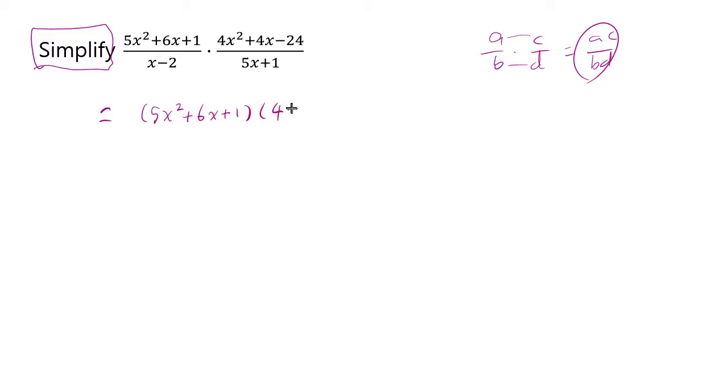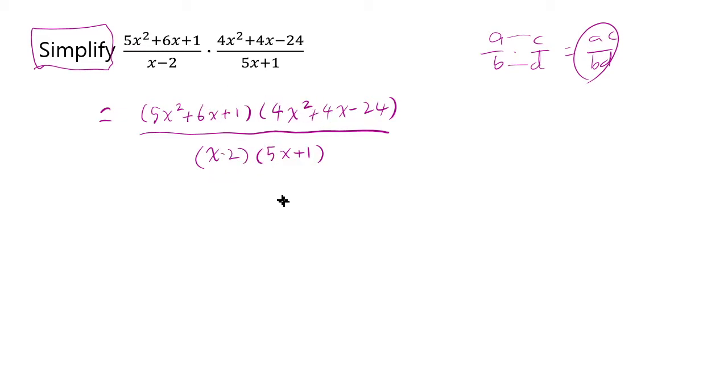Just write it like this. But now expect that when you factor this or this, you get something in common with the denominator and you can cancel, okay?